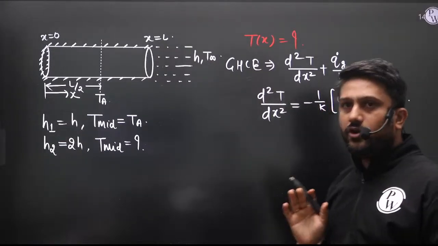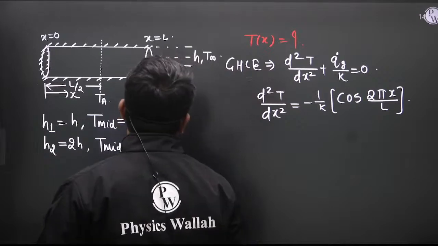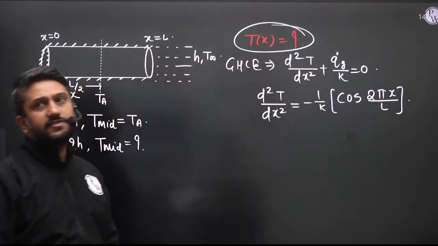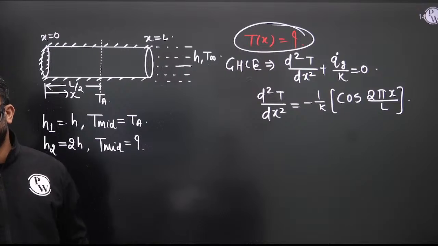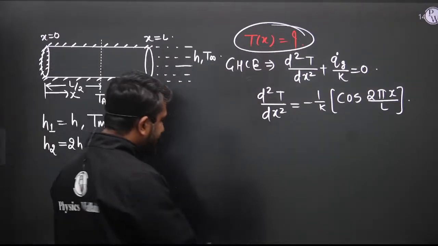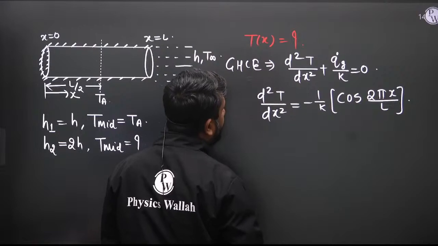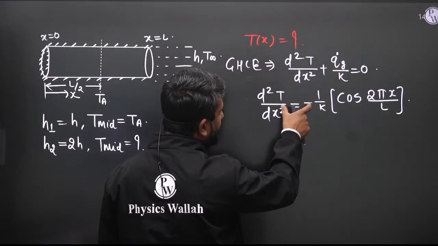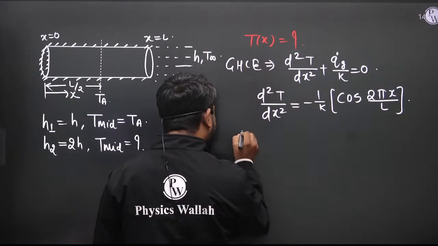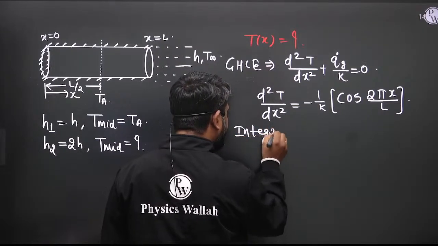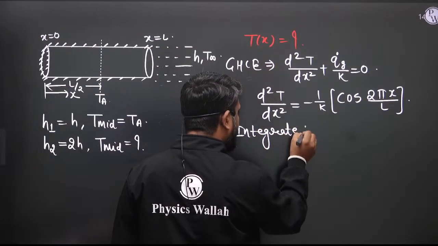So ultimately what is my objective? My objective is to find the temperature variation with respect to X. To find this, integrate this equation 2 times. So integrate once.